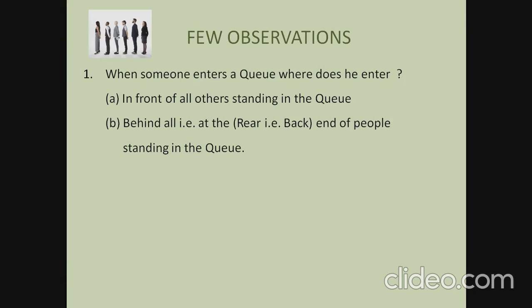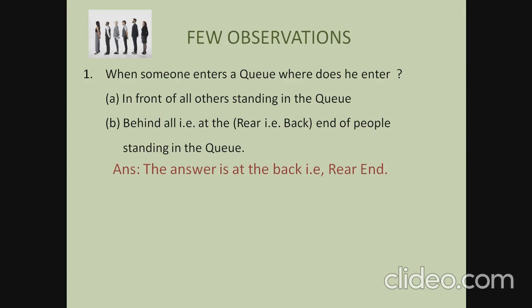He will enter at the rear end, that is, after all the people standing in the queue, behind all the people who are standing in the queue. So, where does someone enter a queue? The answer is at the back, that is, the rear end. Back is also known as rear. That is at the last.